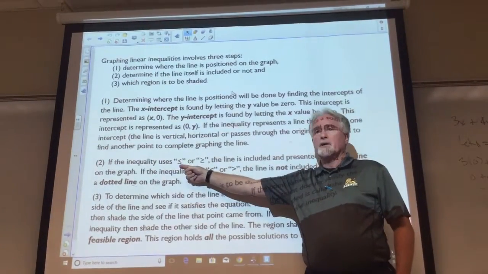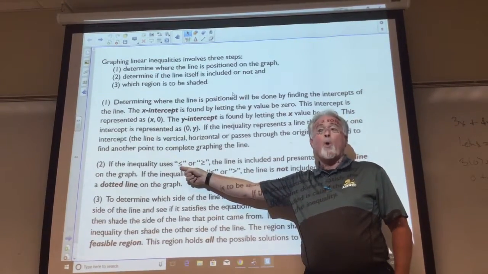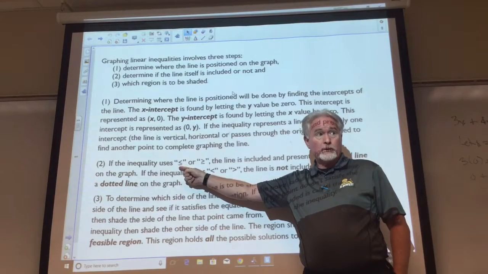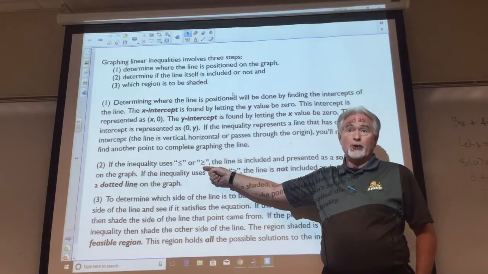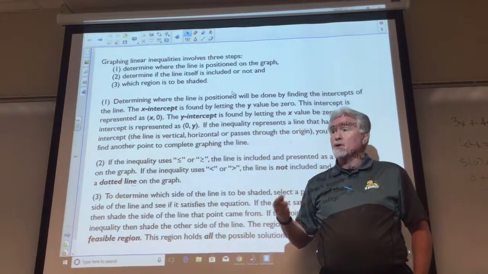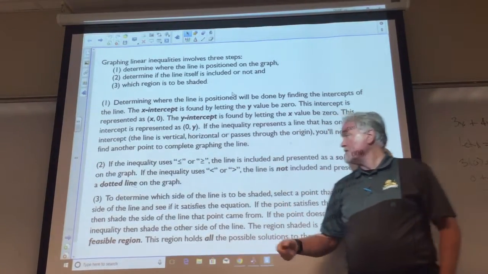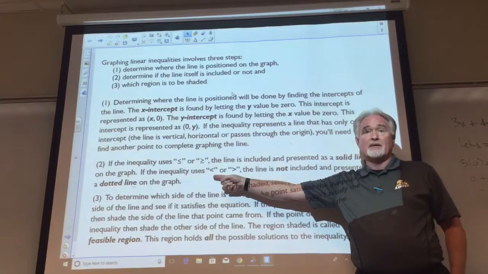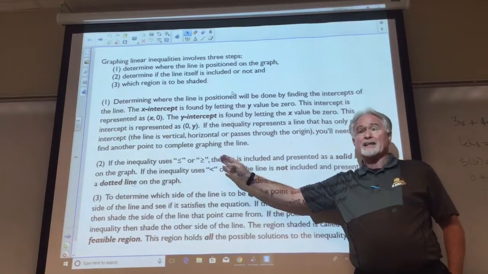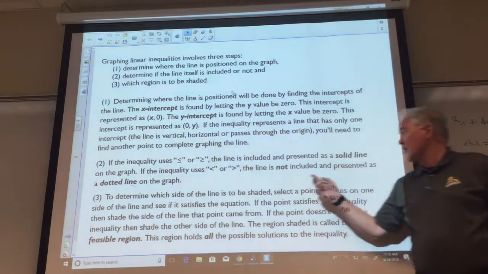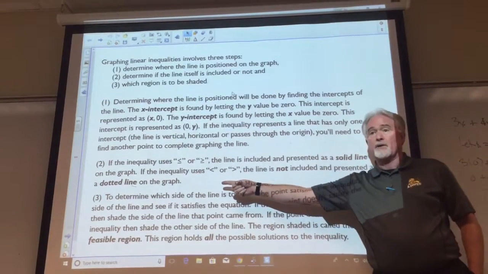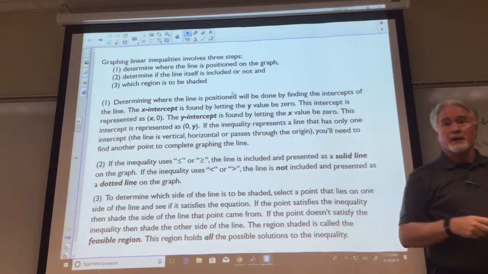If your inequality is a less than or equal to, or a greater than or equal to, then the line is included and it goes down as a solid line. If it simply says it's less than, then it's up to but not including, or greater than, not including, then it comes out as a dotted line on a graph. So that's another choice we'll get to make.